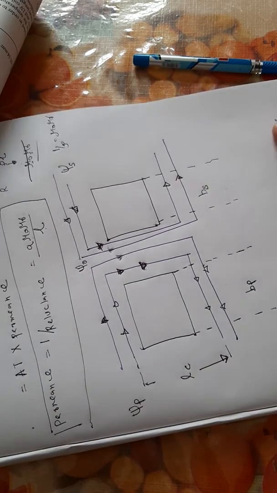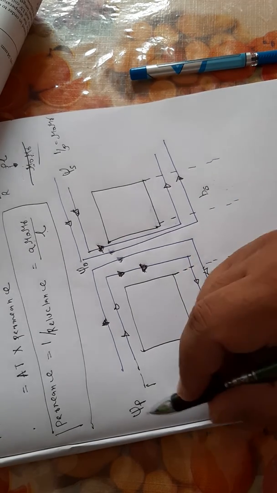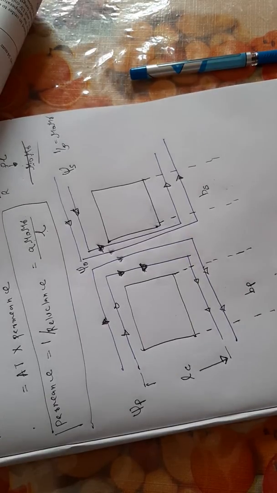So there are some important terms. Now psi P is the leakage flux in primary.